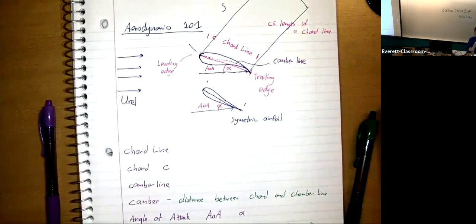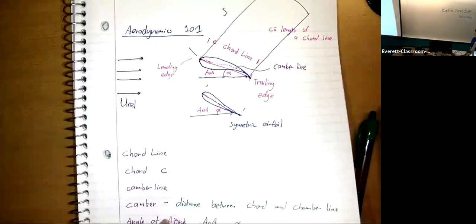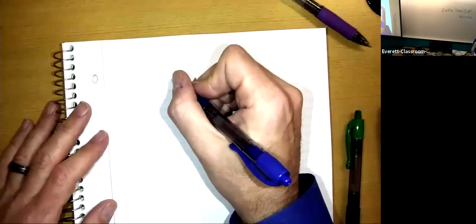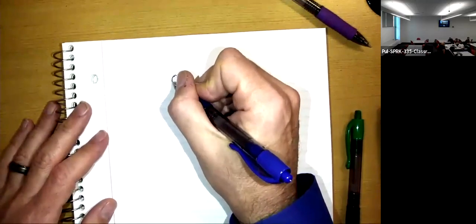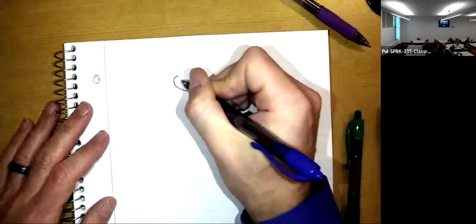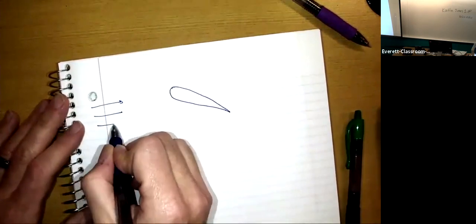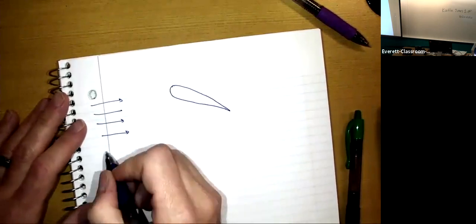Now, what we're interested in is the forces on the airfoil. Most of my airfoils in this class from here on out, unless there's a reason to draw it, I tend to draw that way. So I have an airfoil, and there's some wind, relative wind, that the airfoil is seeing.